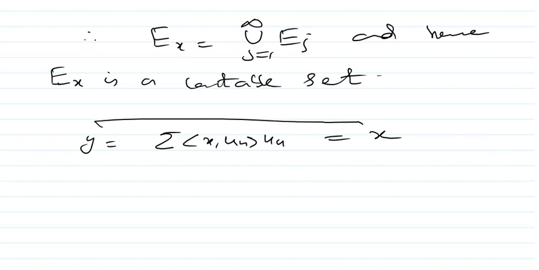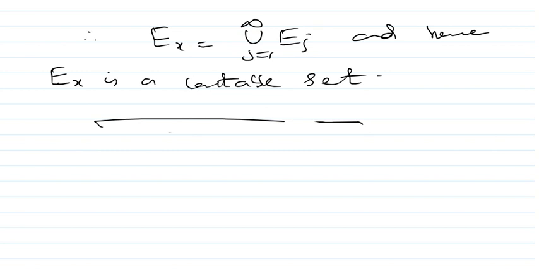This x minus y will be orthogonal to u alpha, because y with u alpha will be equal to x with u alpha. Suppose this series converges to y, then you verify this.